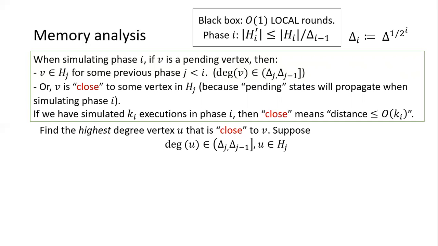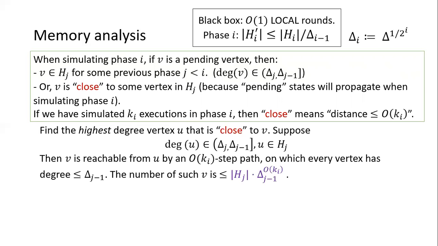Now let u be the highest degree vertex that is within this k_i distance from v, and let's suppose u is in H_j. Then v is reachable from u by a k_i step path, and every vertex on this path has degree at most Δ_{j-1}. So the number of such vertices is at most the size of H_j times Δ_{j-1} to the power of k_i.